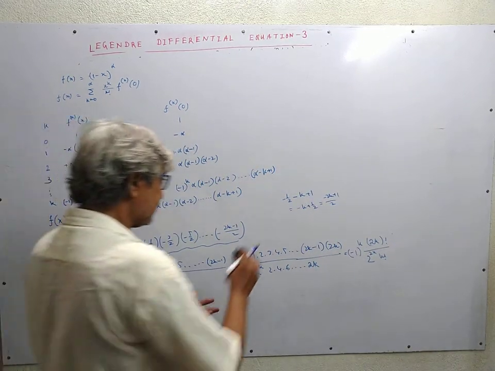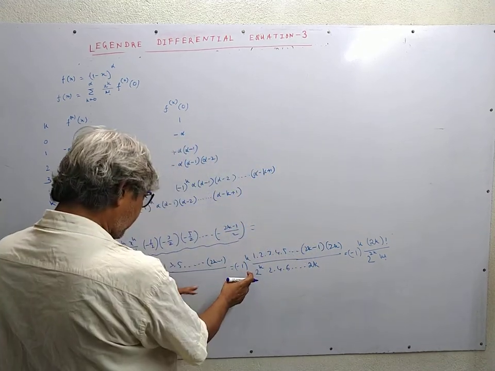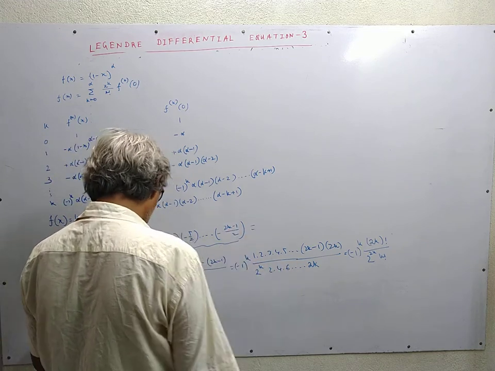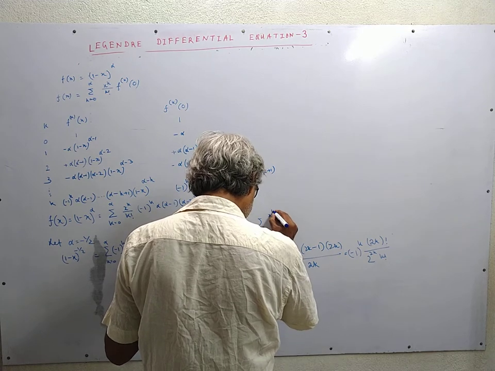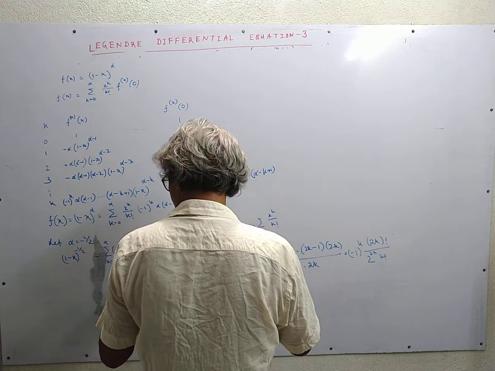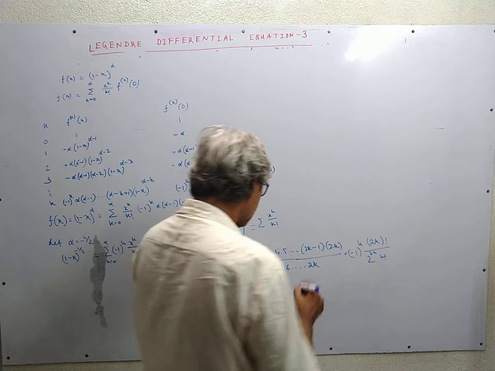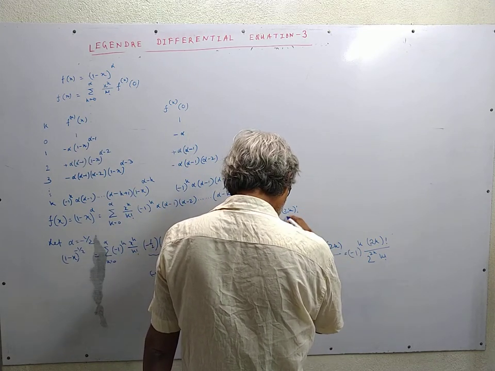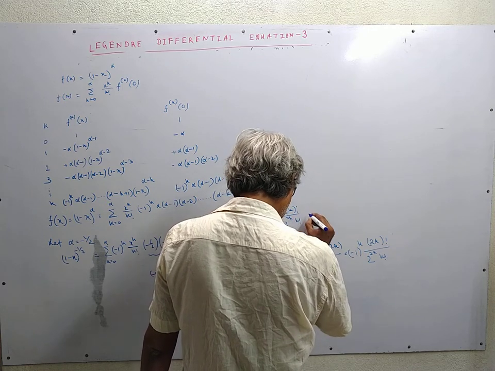So if we write this, you see that the factor minus 1 to the power k is always positive. So we have summation over k of x to the power k over factorial k, and then we have 2k factorial and 2 to the power 2k k factorial.